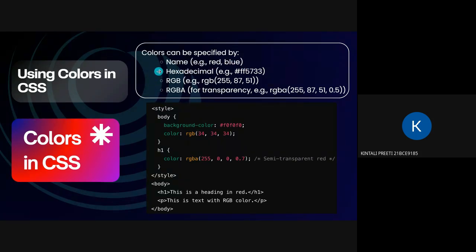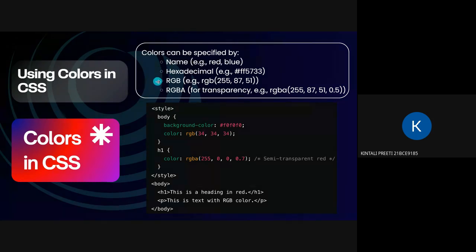One is the hexadecimal format in which, you can see, it's a combination of small letters, alphabets as well as numbers with a hash in front of it. So this is one type of format in which the color can be specified. You can see here, we have given the background color as F0F0F0. So this is not O, this is 0.